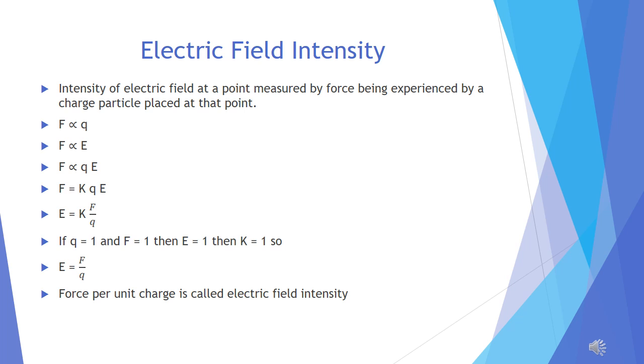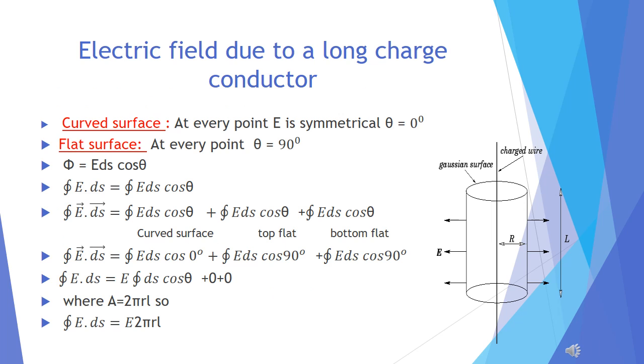If we take 1 coulomb unit charge and place it at any given location and it experiences a force of 1 Newton, then the intensity is 1 unit. Or we can say the force per unit charge gives the intensity of electric field, known as electric field intensity.